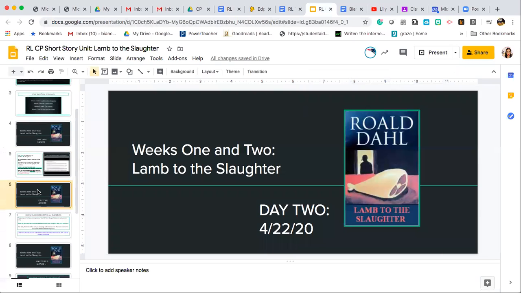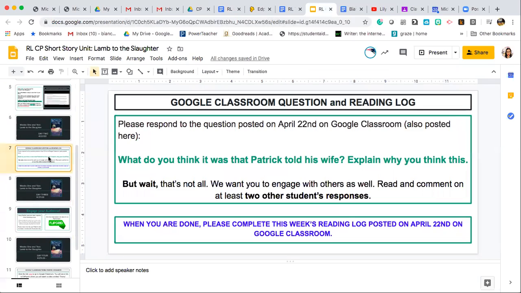Moving on, day 2 will be Wednesday. You'll notice there are 2 activities. The first one is a Google Classroom question. We are asking you to please respond to this question on Google Classroom, and the question is here in green. What do you think it was that Patrick told his wife? Explain why you think this. We're also asking you, however, to engage with your other peers as well. Please read and comment on at least 2 other students' responses.